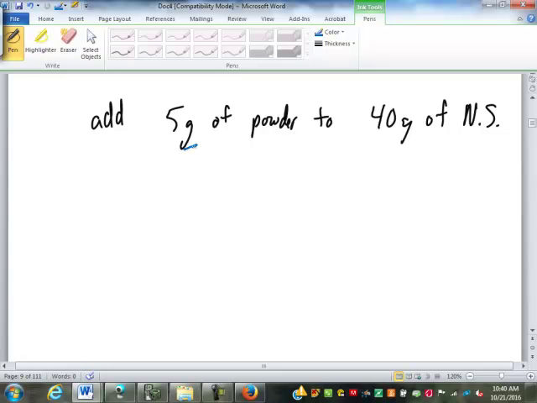Now again, I'm going to acknowledge these units I used are grams. Remember, gram is technically a mass, but when we're dealing with our weights and masses, we just kind of blur the lines between them. We discussed that before, so I'm not going to go over it again. What would be this concentration?